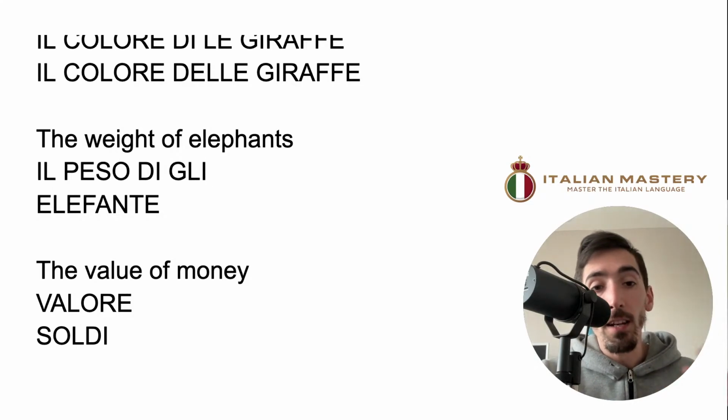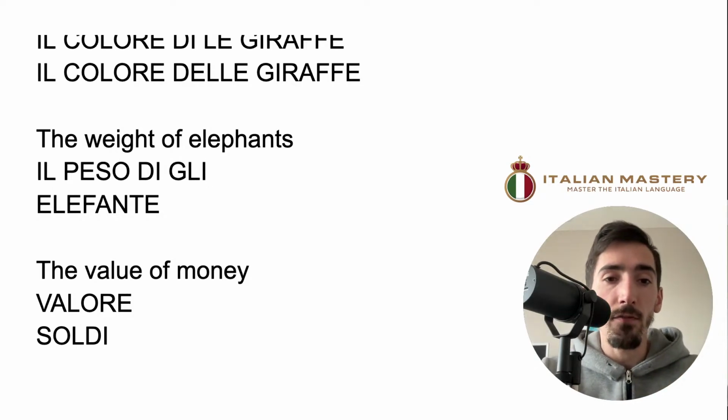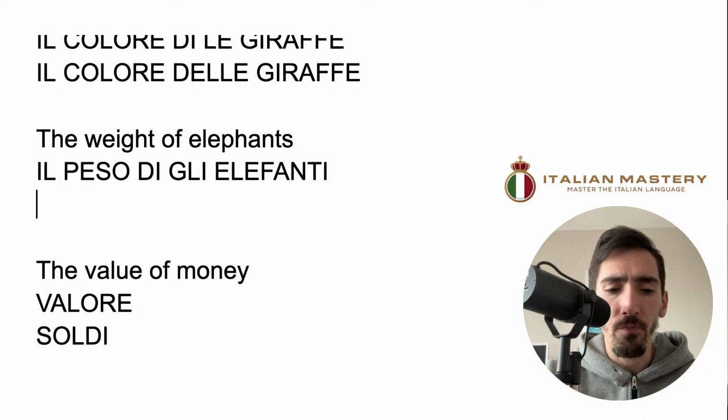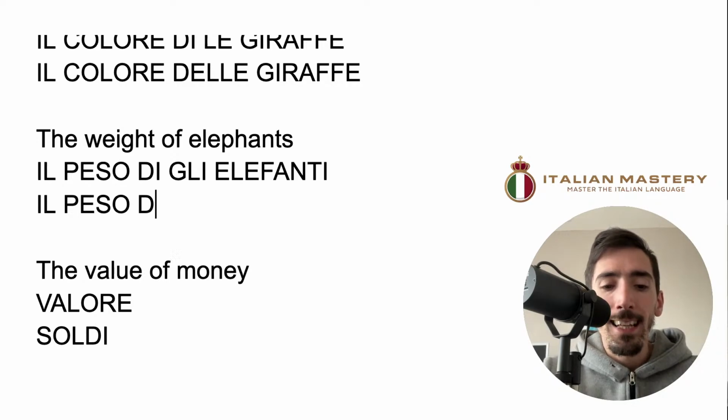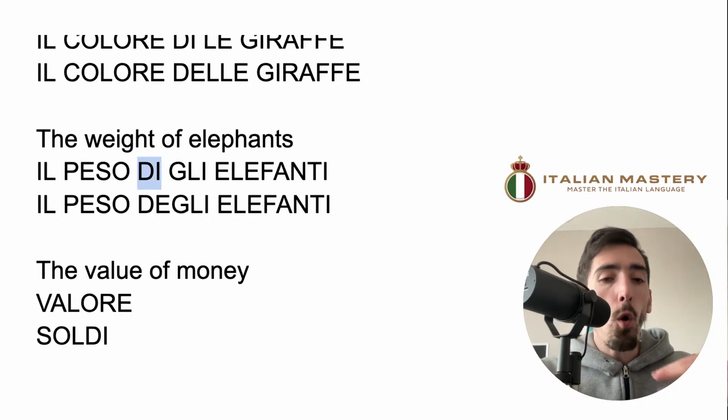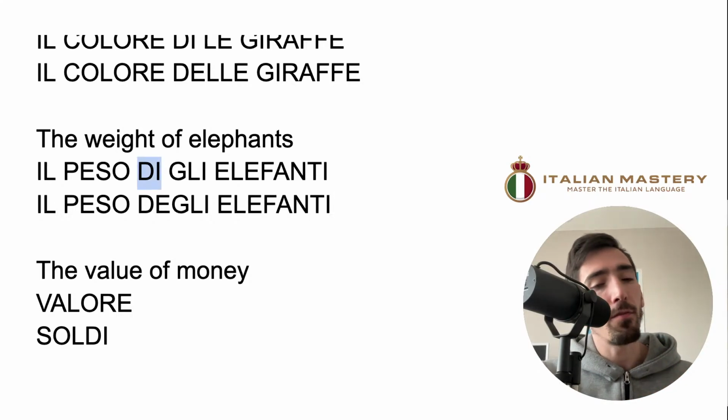We can focus on it in a later video if you guys want to see more of it. But it's quite simple. Gli elefanti, the plural of elefante, which is masculine. Il peso degli elefanti. So di plus article always binds. It's very useful to learn these.